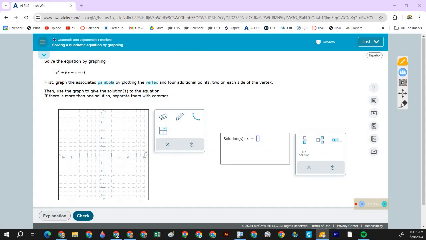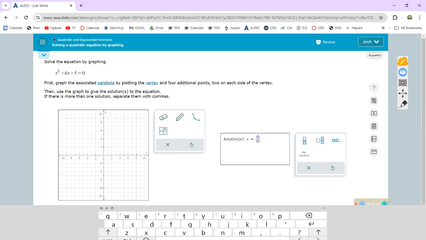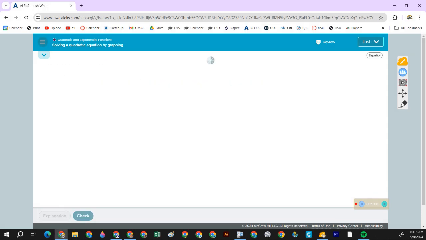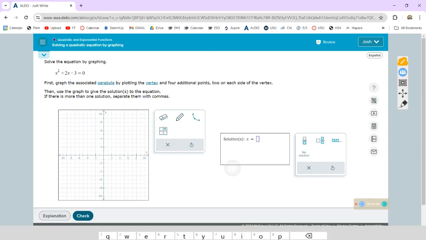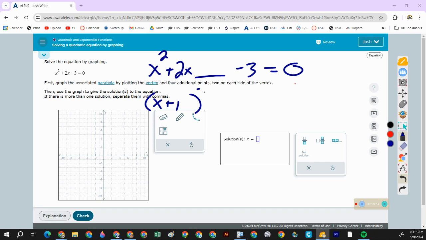Okay, let's do another one. That's the exact same equation. So x squared plus 2x, I'm going to leave a space, plus minus 3 equals 0. My perfect square will be x plus 1 squared.